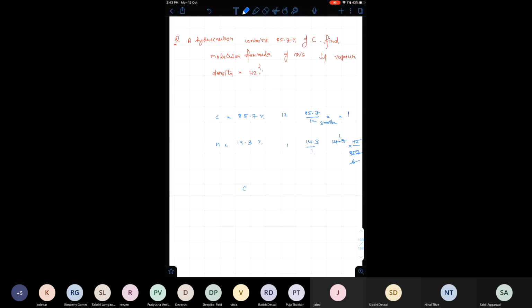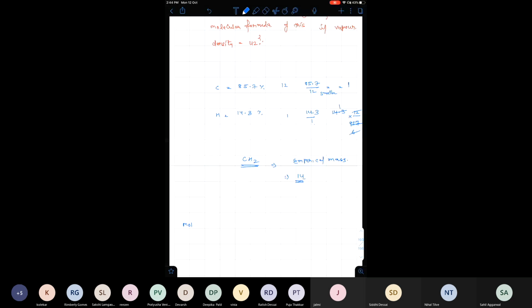So it will be CH2. CH2 means empirical mass is 14.